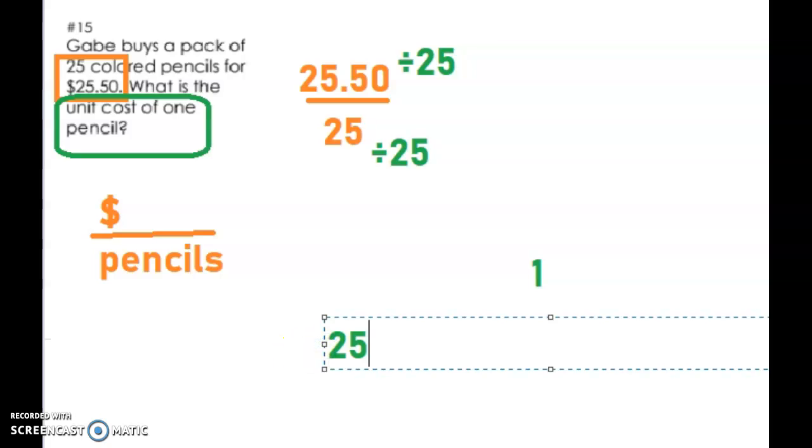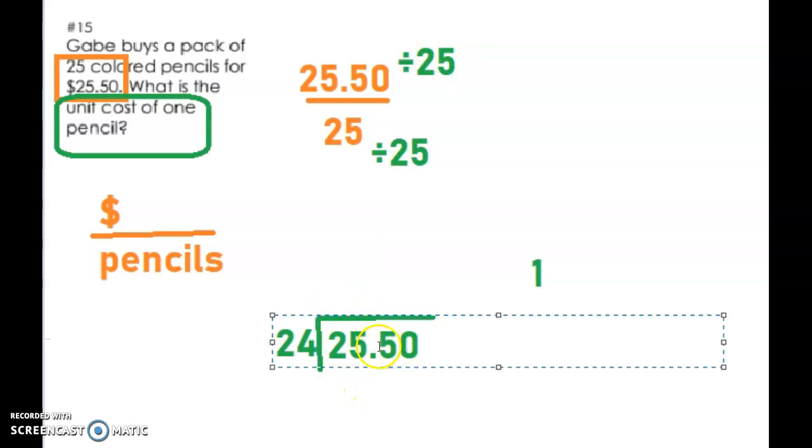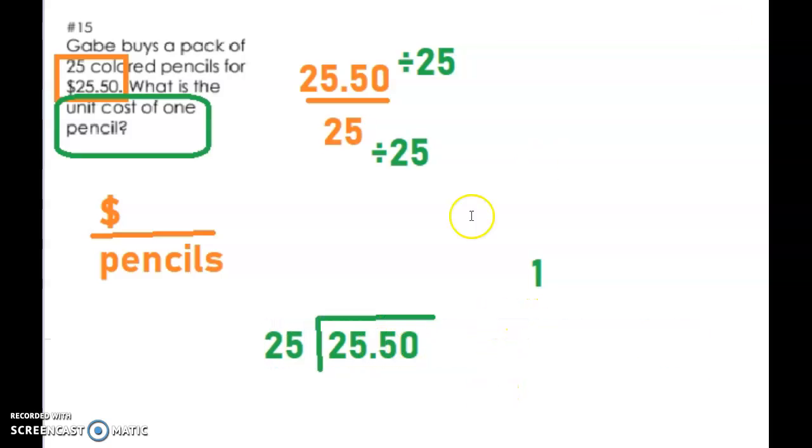So I have $25.50. Let me see here. All right. So how many times can 25 go into 25? Well, that's going to be easy enough, right? I'm just going in there one time. And then I get 25. Which gives me 0, right?